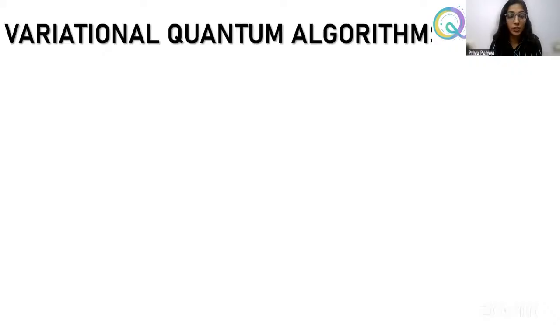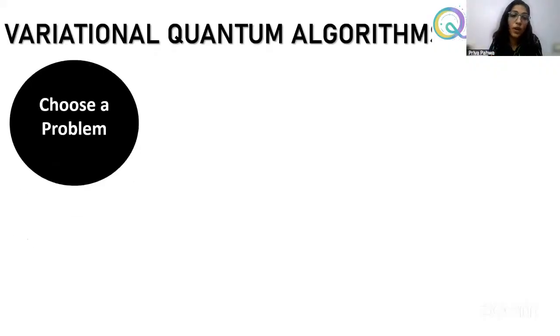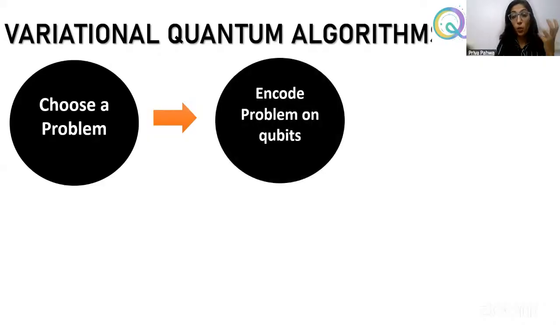Next, I'll talk about variational quantum algorithms. I'll go step by step, very briefly, through what happens inside it. First of all, in variational quantum algorithms, we choose a problem and encode that problem in terms of qubits. For example, a very basic and common example is working on the molecular structure of hydrogen.